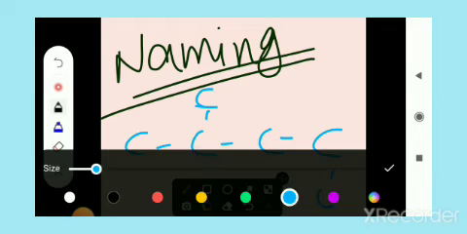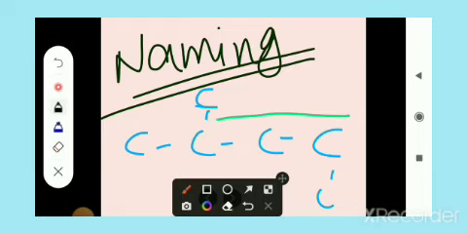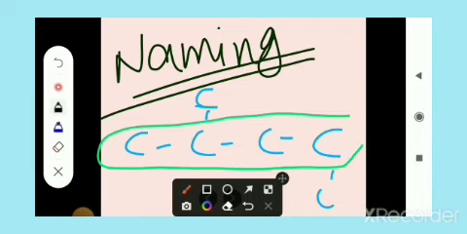It means that we need to take this chain for naming it. This is the longest chain because it is having 4 carbon atoms, here it is having 2 and it is also having 2. So these 2 are discarded, we will take only this portion. Okay, so the first and foremost is the longest carbon chain.